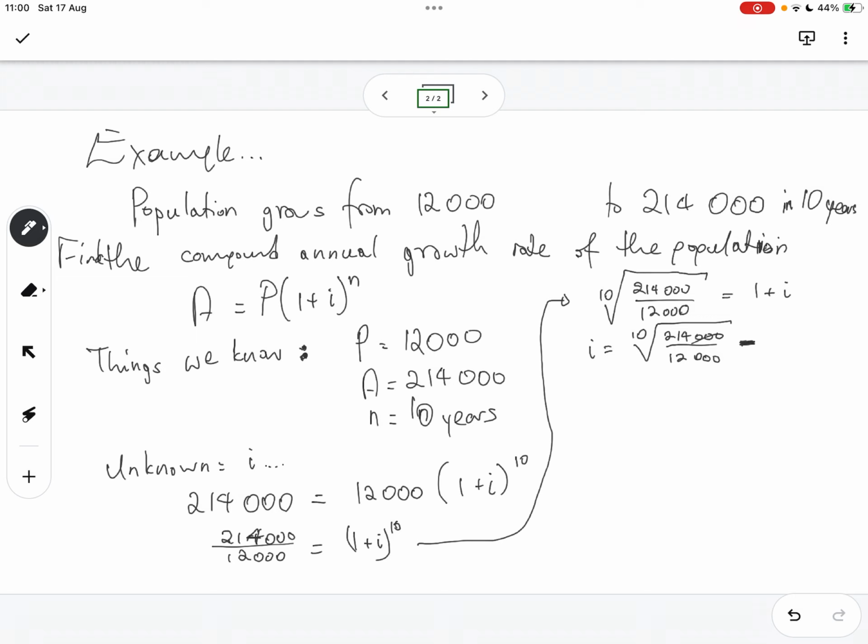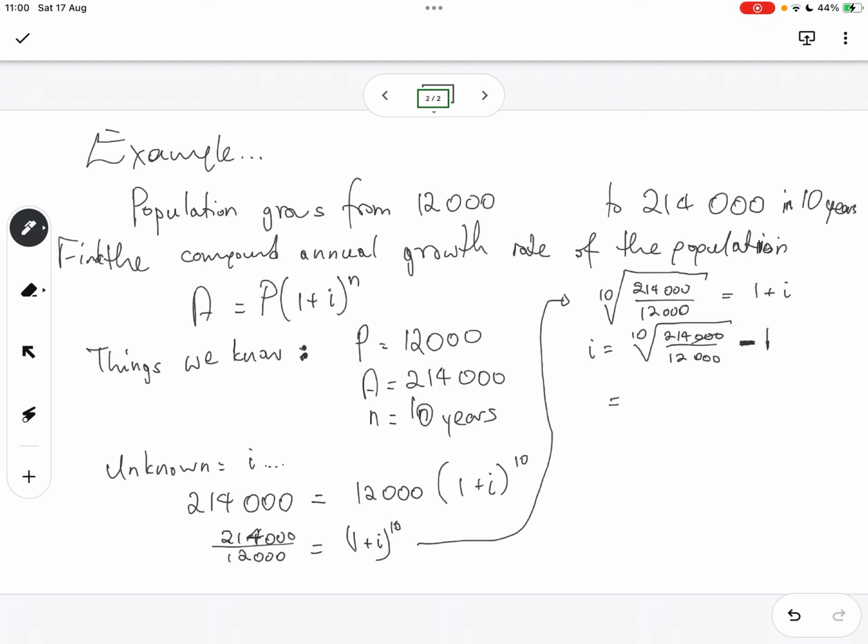214,000 over 12,000 minus 1. And the answer would be: 214 divided by 12.